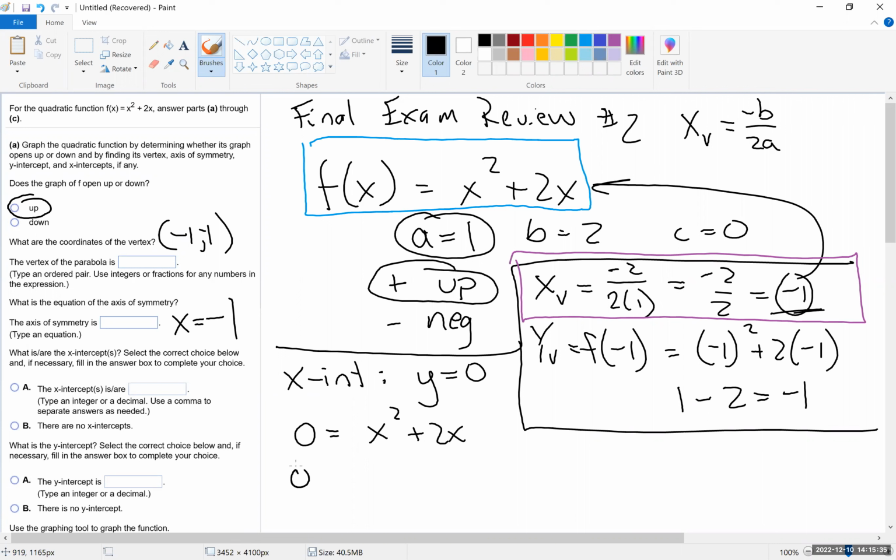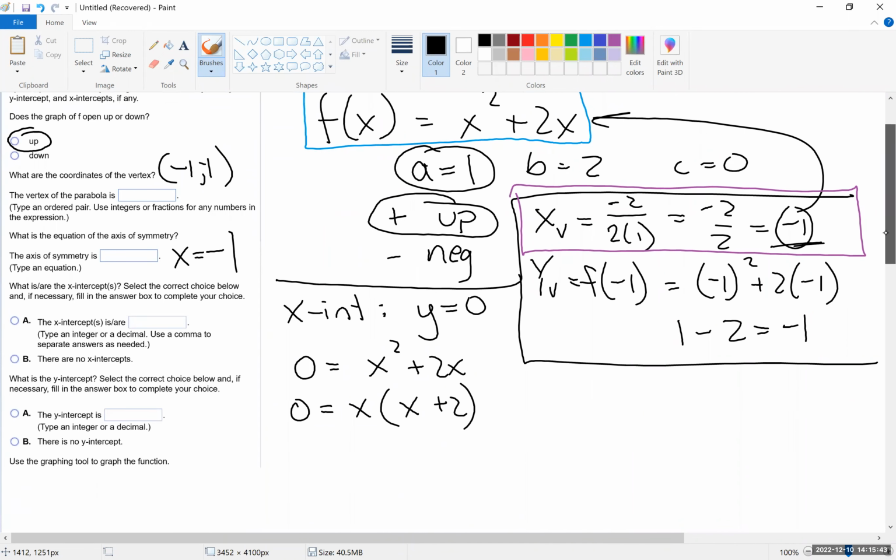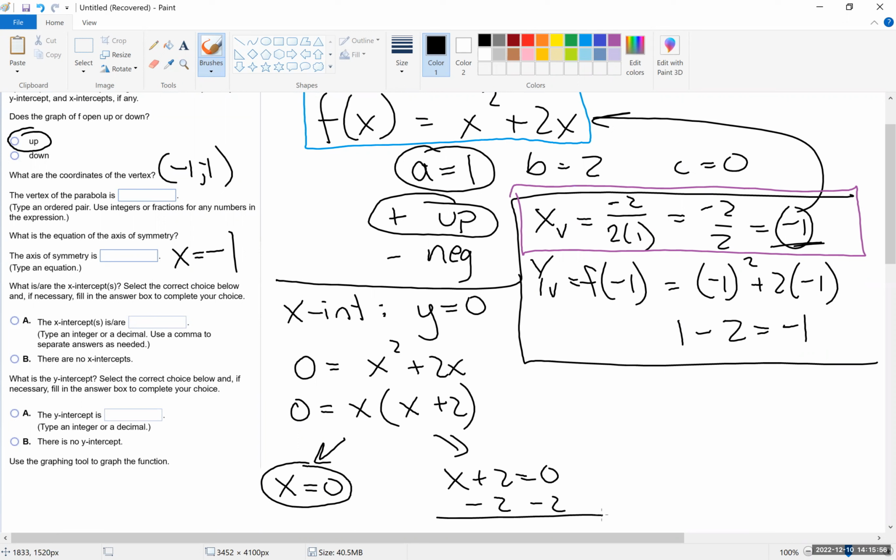We need to factor this. Both terms have an x, so it's going to factor to x times x plus 2. And then you set each factor equal to 0. So either x equals 0 or x plus 2 equals 0, subtract 2, you get x equals -2.